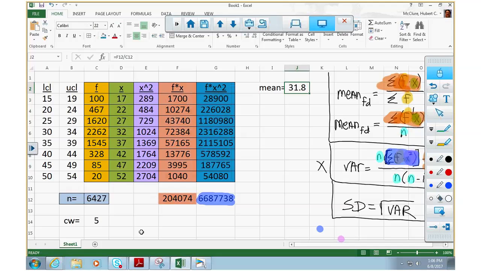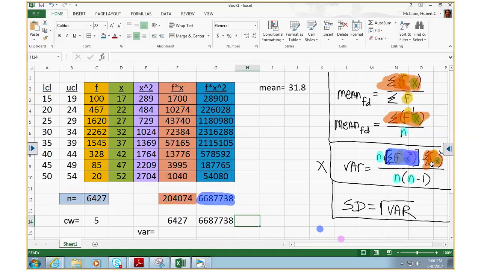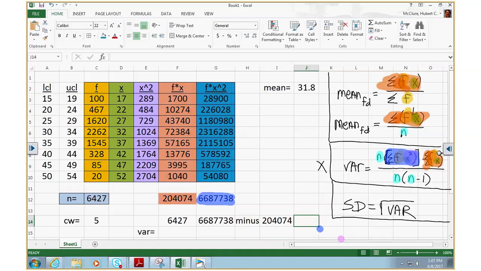I'm sorry, but variance is equal to N, which is light blue, so that's going to be that number, times the purple, which is that number, minus the orange, and what do we have to do to that orange? Right over here, what does that say we have to do to the orange? We have to square it.